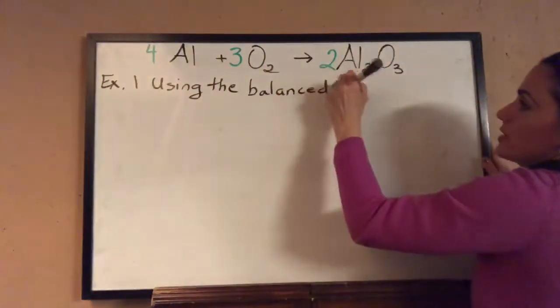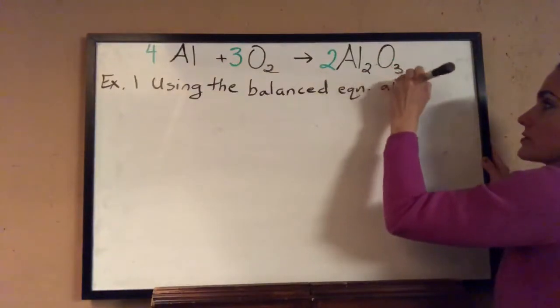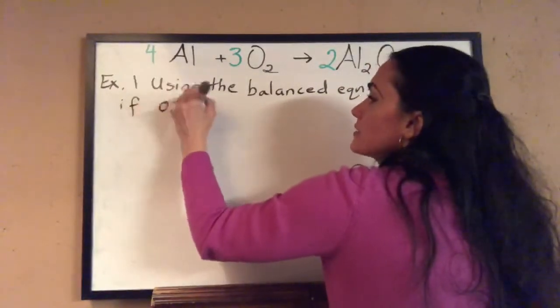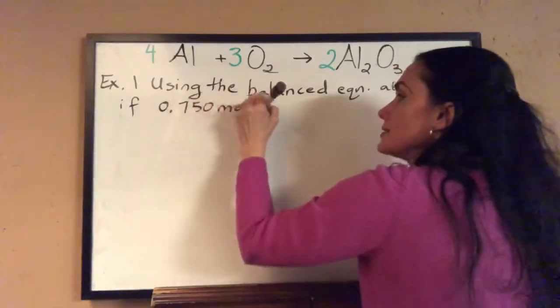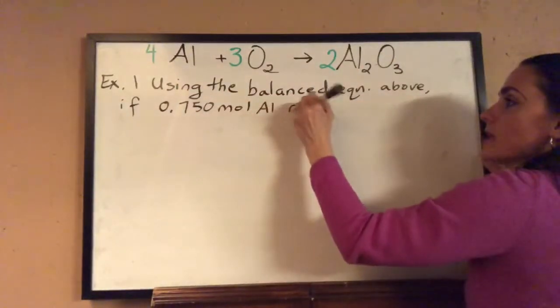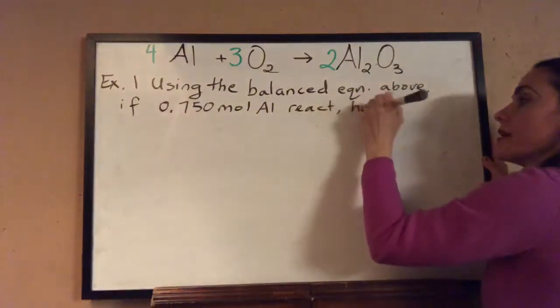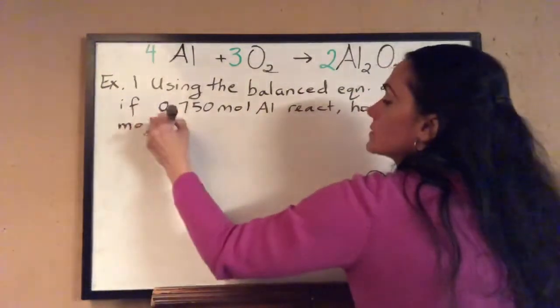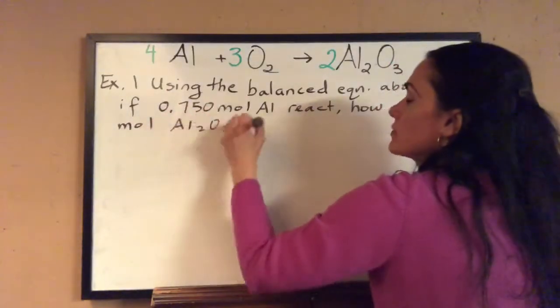Using the balanced equation above, if 0.750 moles of aluminum react, how many moles of aluminum oxide form?